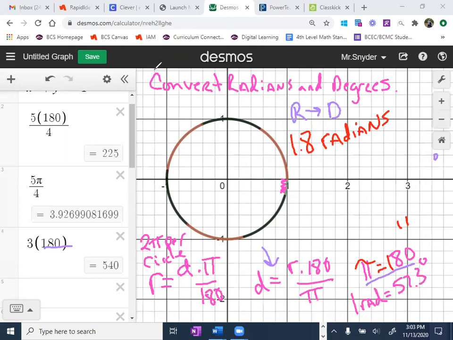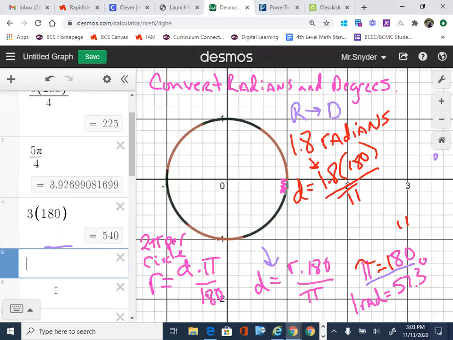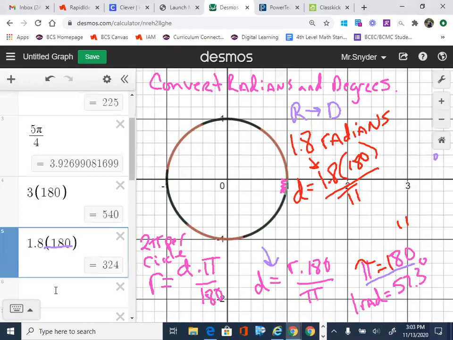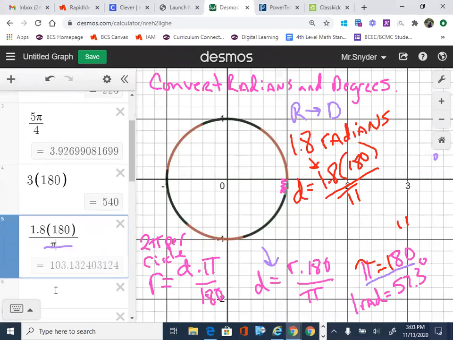We can use the formula. We can say, okay, well, degrees equals R, which is our radians, 1.8, times 180 over pi. Some people love that method. I just come over here and say 1.8 times 180 divided by pi. And that gives me 103 degrees.